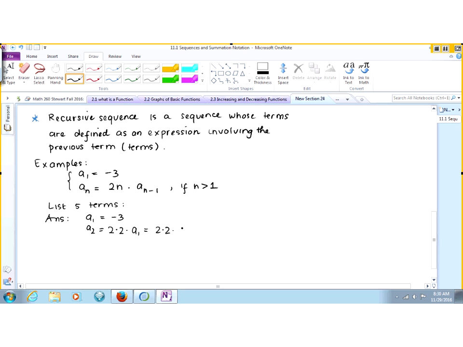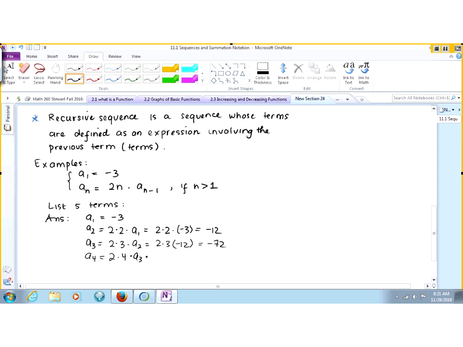What is A1? 2 times -3. So this is -12. What is A3? 2 times 3 times A2. So look at this. A3 depends on A2. A2 depends on A1. Do you see it? So this is 2 times 3 times -12. So this is -72.